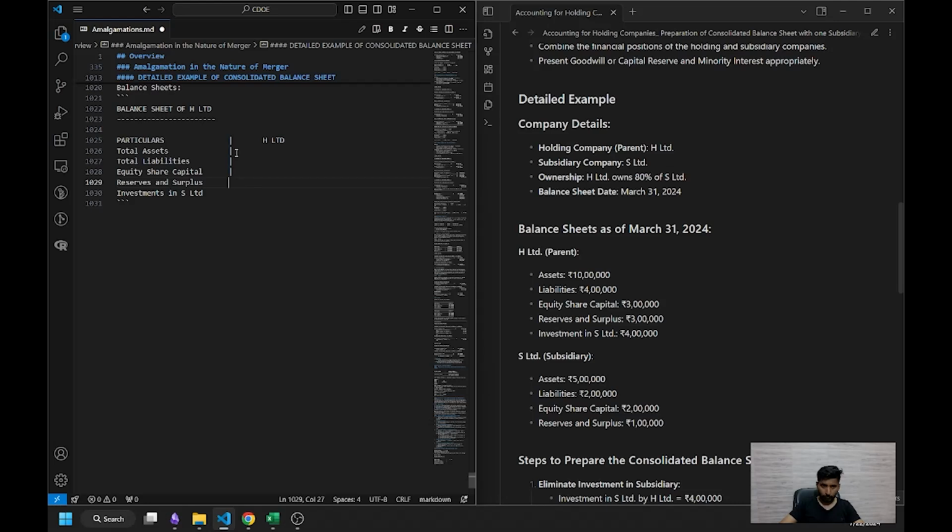Let me just draw this line so that I can find. In H Limited, the total assets amount is rupees 10 lakhs. Total liabilities is rupees 4 lakhs. Next up, the equity share capital is rupees 3 lakhs.